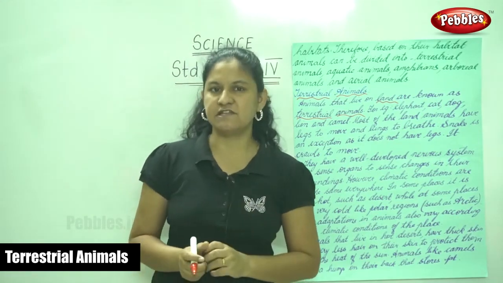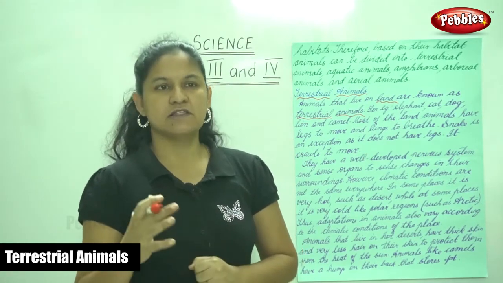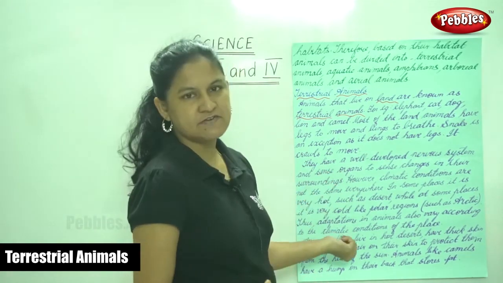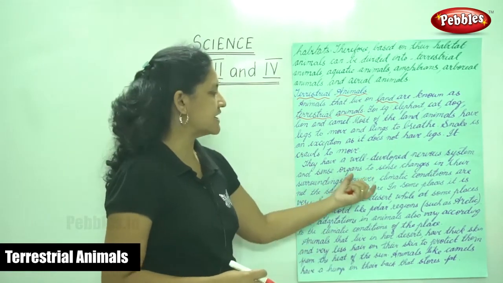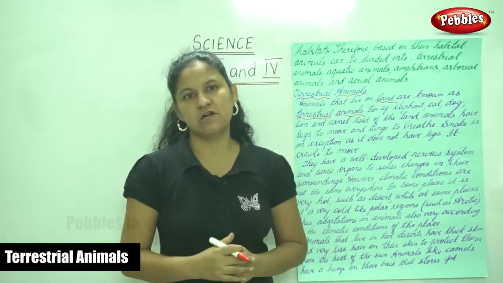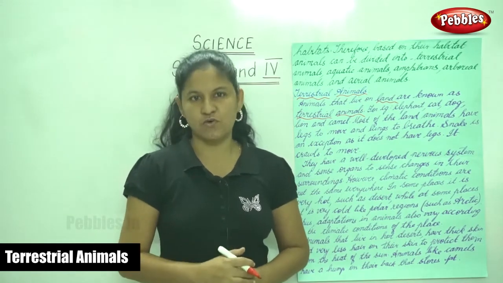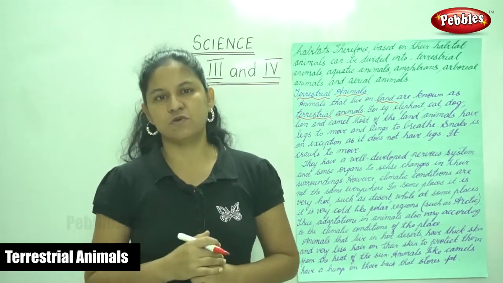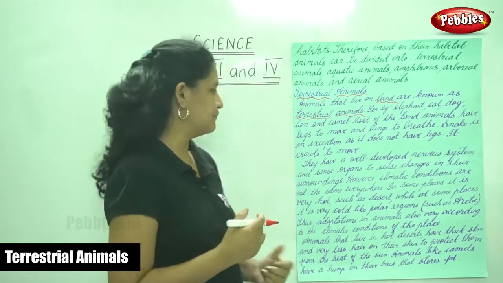Just like humans, animals also have these 5 sense organs. So they have a well developed nervous system and sense organs to sense changes in their surroundings. In the case of danger, with the help of its sense organs, an animal is able to know what danger is about to come.